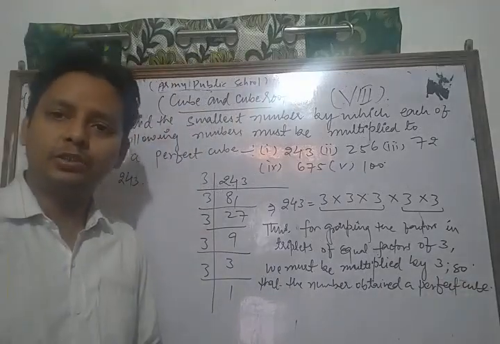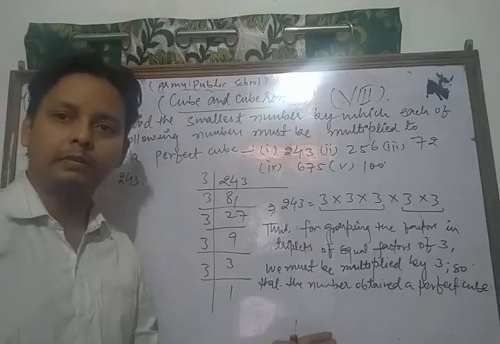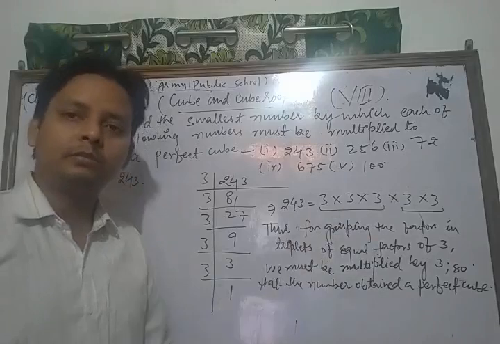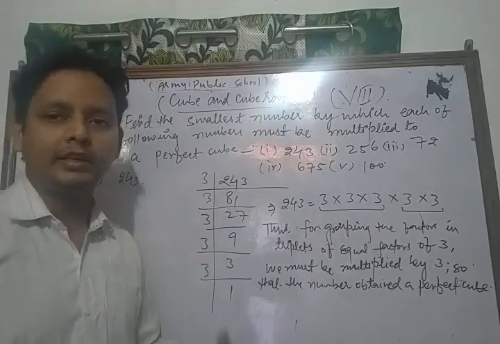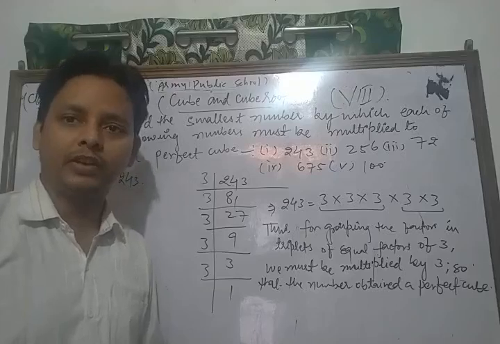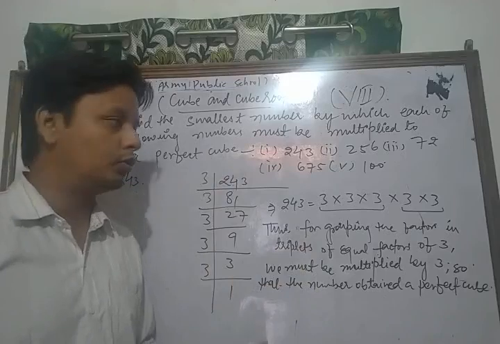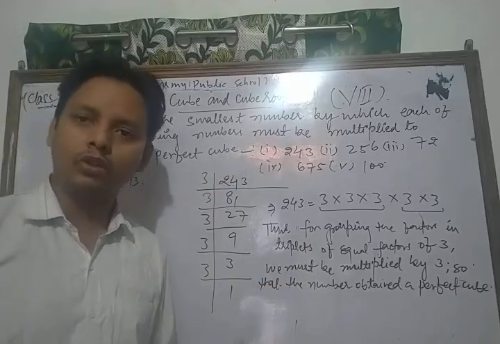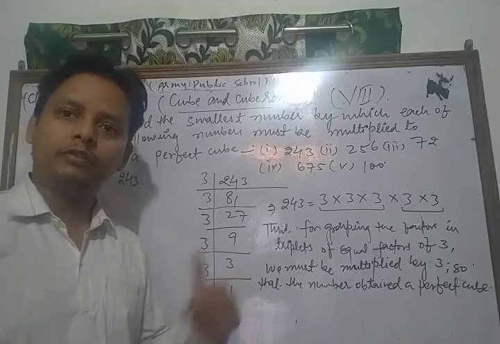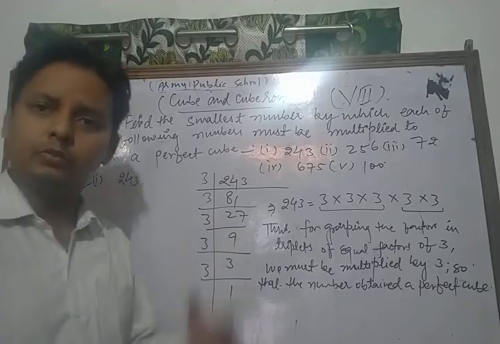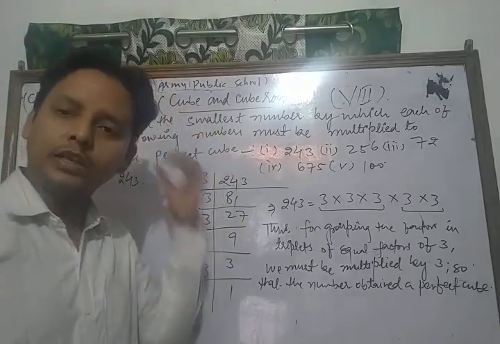Okay, so in this way you can solve that type of question. You mention the fact: what number we must multiply to obtain the resulting number as a perfect cube. So for a perfect cube, first of all you observe whether the factors are grouped in triplets of equal factors or not. If not, then we must multiply that number to obtain the perfect cube. Okay, so in this way you can solve that type of question.